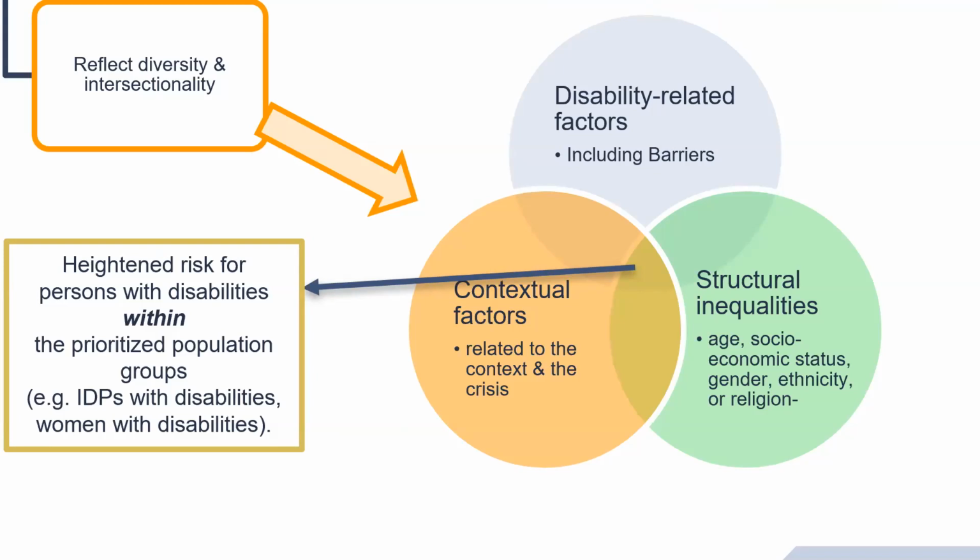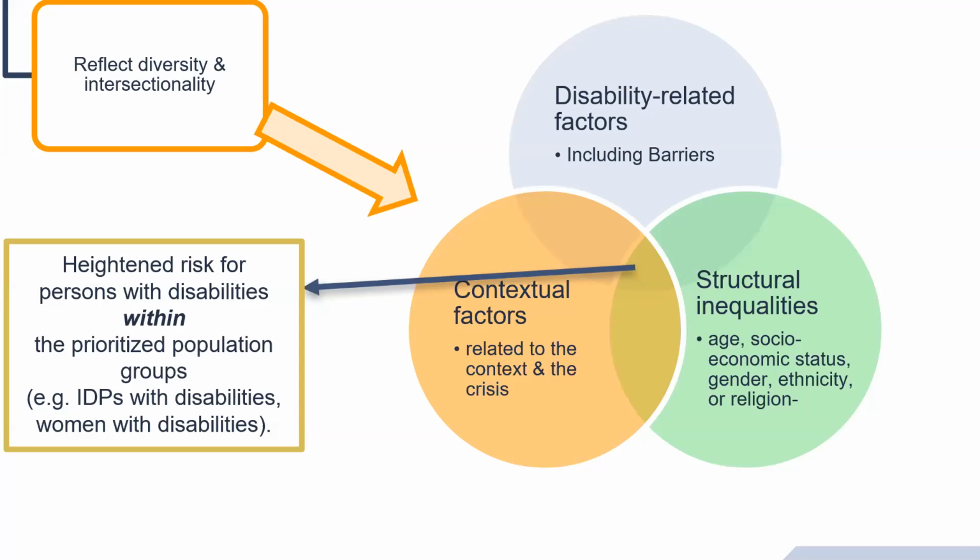Then we have some sort of contextual factor that is related to the whole population, related to the context or related to the crisis. For example, raising of violence in a specific place, or if there is a flood, or there are some nutritional problems. All that is affecting the whole population, but this is interacting with the disability barriers themselves.